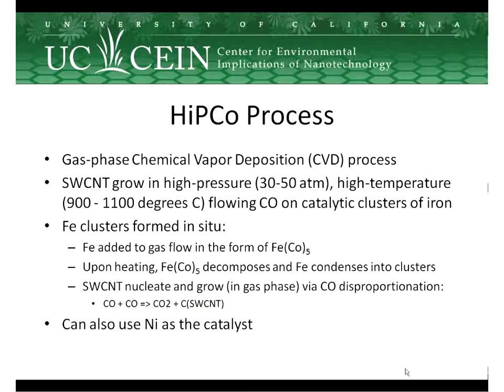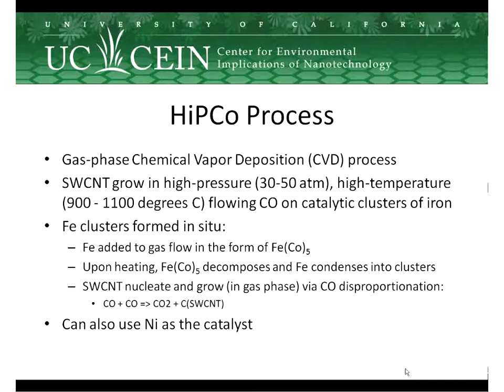The HIPCO process is basically taking, again starting with carbon monoxide, you deposit it onto a surface and you make very thin layers, and then at high temperature and high pressure, in the presence of iron, and these are basically just iron clusters there, then it breaks down again into carbon and forms the carbon nanotube and CO2 as the other product.